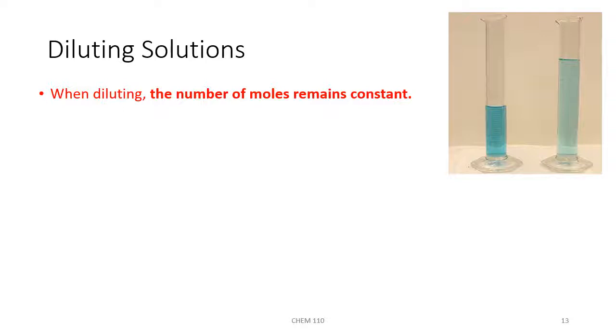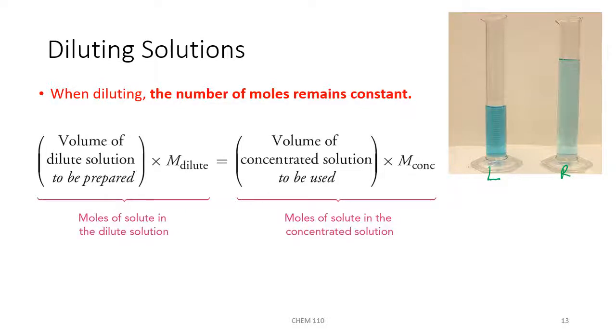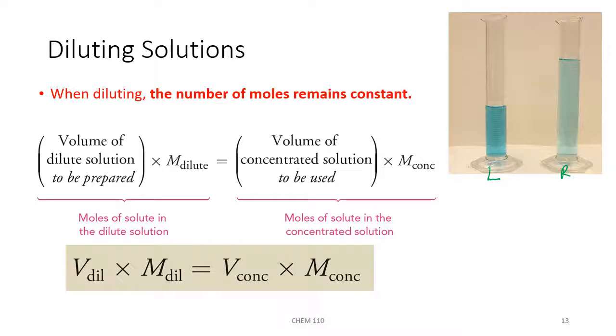So if you notice on the left here, this one appears a darker blue because it's more concentrated, and this one on the right here appears lighter blue because it's more dilute. But the number of moles between the two is the same. This is due to the dilution formula, which is often labeled as M1V1 equals M2V2.